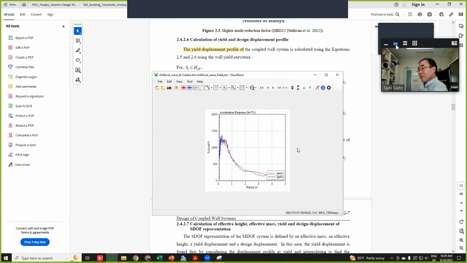And the response spectrum of artificial El Centro and the response spectrum of artificial Kobe are the same here. So it means that the result of displacement-based design will be the same. But if you conduct time history analysis, you have a different result. So this is one of the research targets. Why?